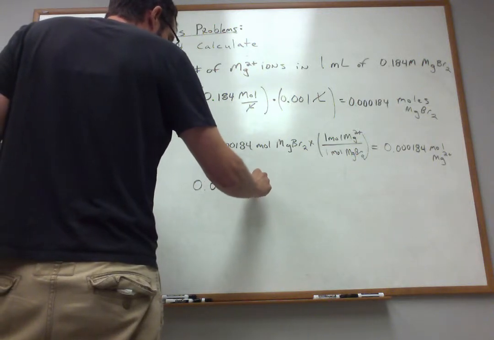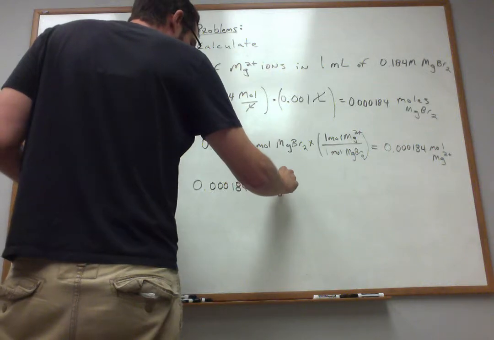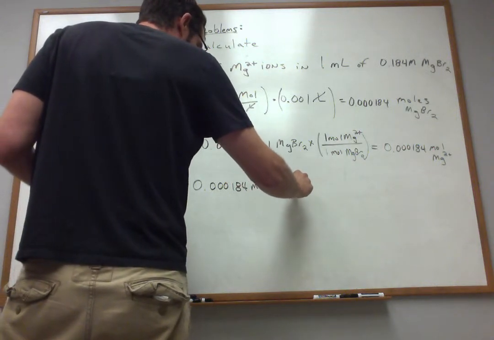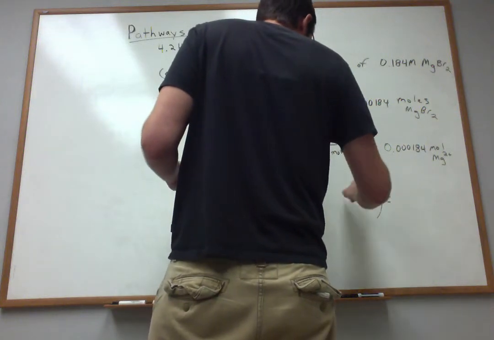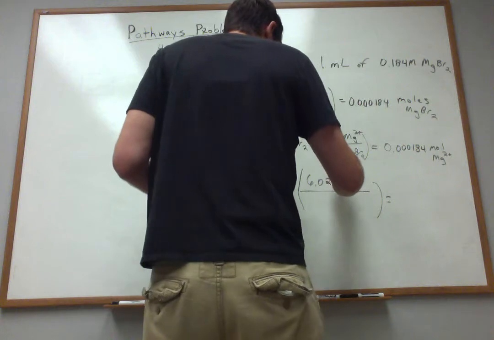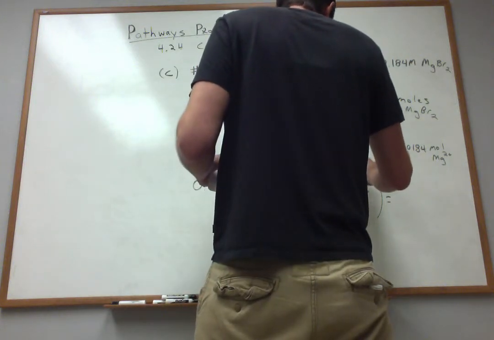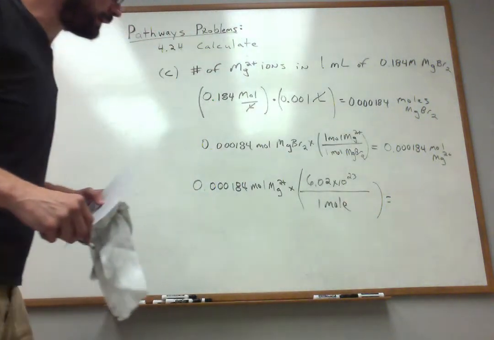Can I go from moles of a material into a number count? Is there a way to do that? I think there is. I'll block you for a second here to keep the suspense. Ah, voila.